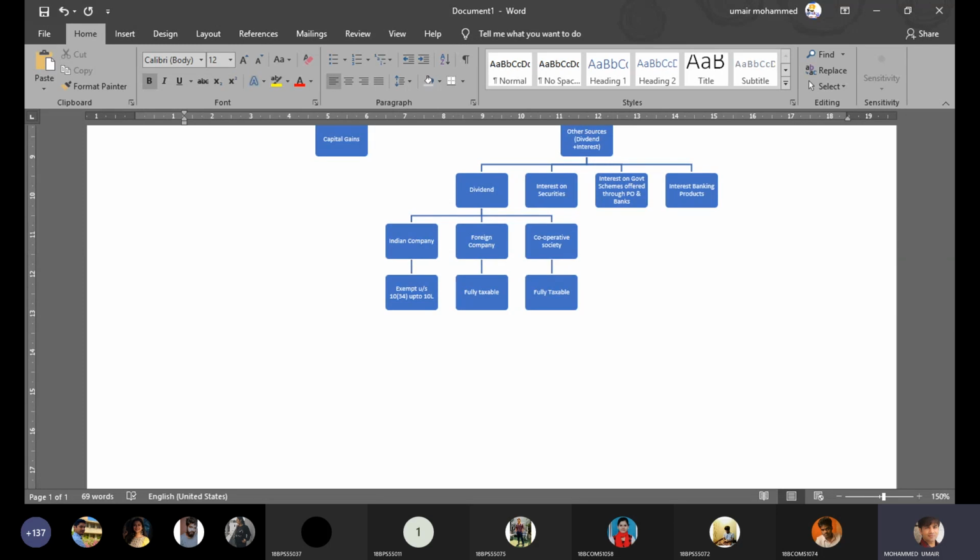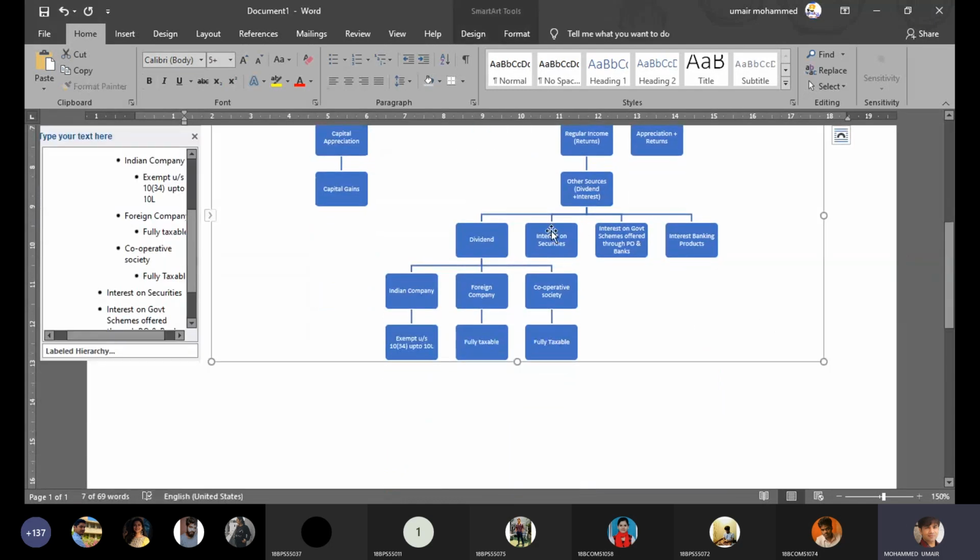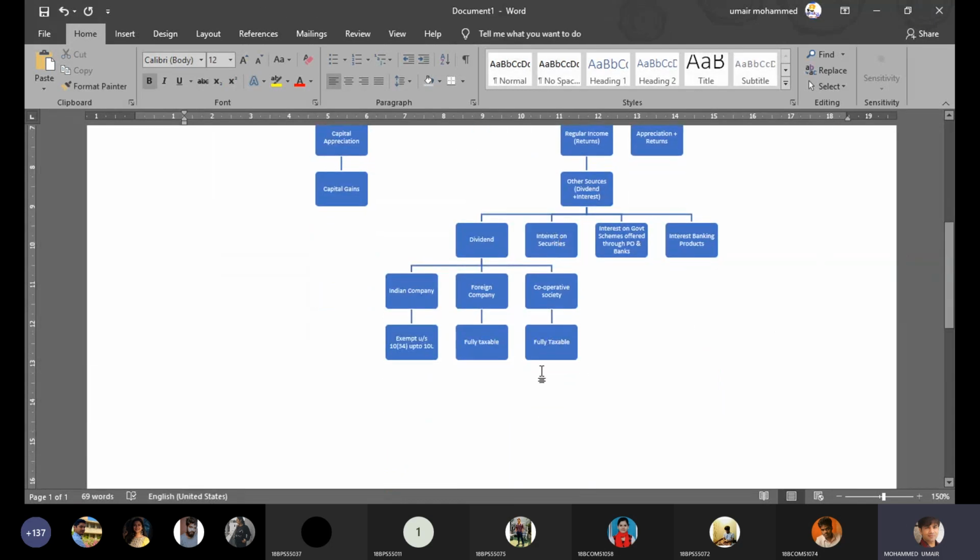Sometimes you are asked an exclusive question in section B or section C only on interest on securities. Even though we are discussing just one of the incomes taxable under the head other sources, the concept of interest on securities is so big that you might get an exclusive question in the examination. So therefore we will discuss interest on securities in a little detail now, just to make you understand the taxability.